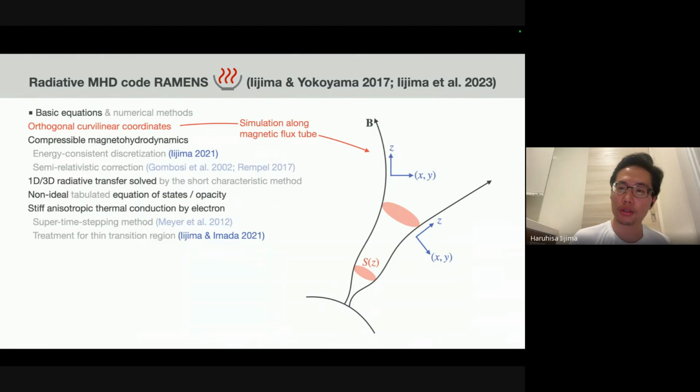This is a bit detailed, so I haven't prepared a slide to explain that. But if you are interested, please send me an email later. We use the analytical expansion factor, which has two parameters: the height of the expansion and the rate of the expansion, which is surveyed in this study.